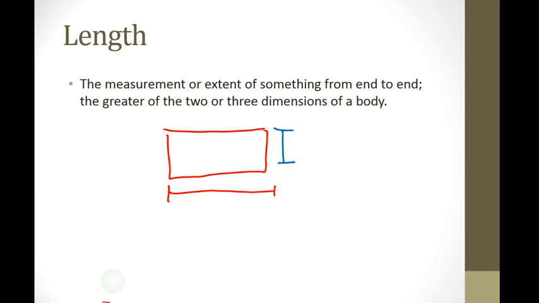Now that's easy to see that the red side is clearly longer. The red side is what we will always refer to as the length of the object. You cannot say that this rectangle is simply short and extremely wide. That is not correct. This is the length of the rectangle, and the other thing you could refer to as the width or the height, but it's anything except for the length.